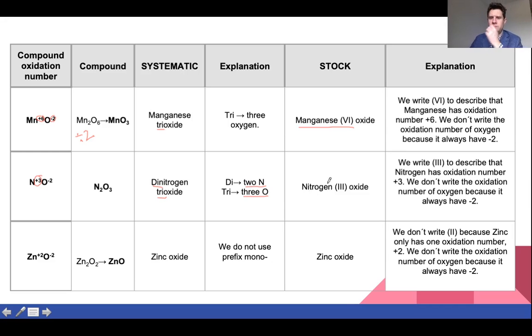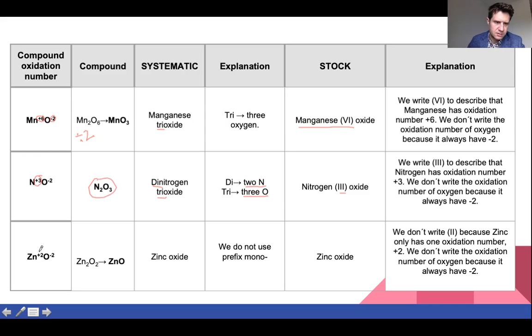In stock nomenclature, nitrogen(III), we use this oxidation number. We need to write it because the scientists need to know, okay, nitrogen 3, oxygen 2, so we shift the oxidation numbers, and as a result we have this compound.